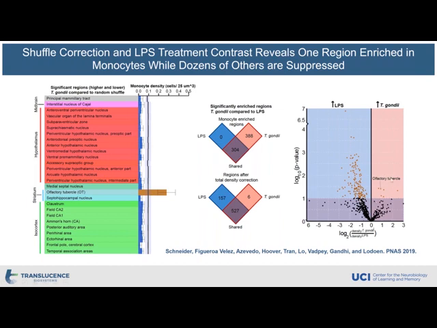In contrast, with T. gondii, there are only a handful of areas for which there is a significant degree of selective increased density of monocytes. And the olfactory tubercle turns up right here, just like we had seen in the shuffle corrected estimate.